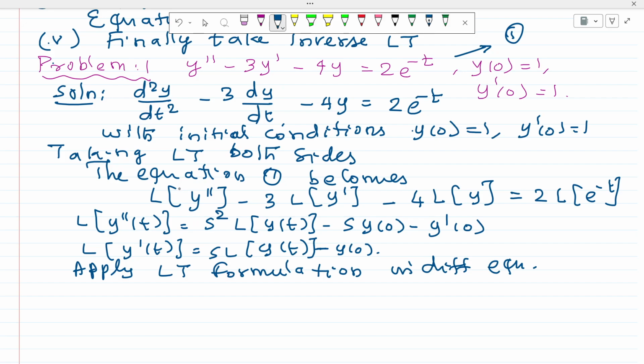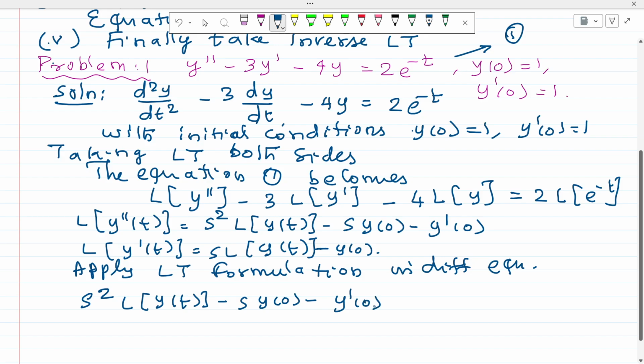What do you get? The equation becomes, first term is L of y double dash, which we write as s square L of y of t minus s into y of 0 minus y dash of 0.